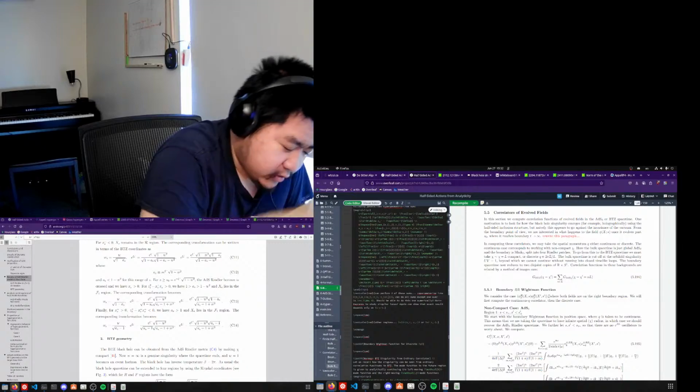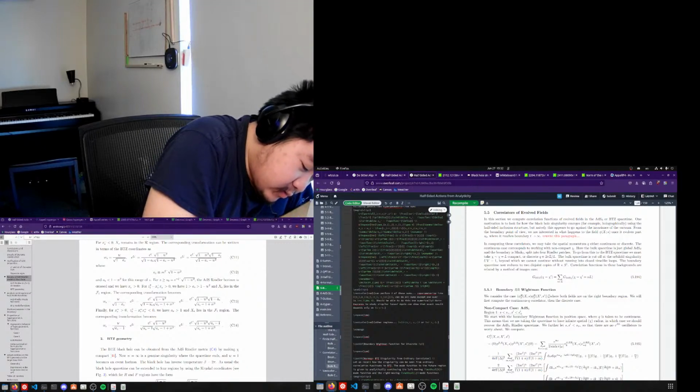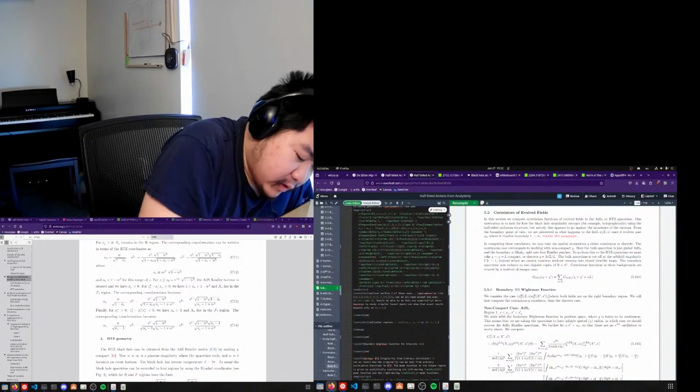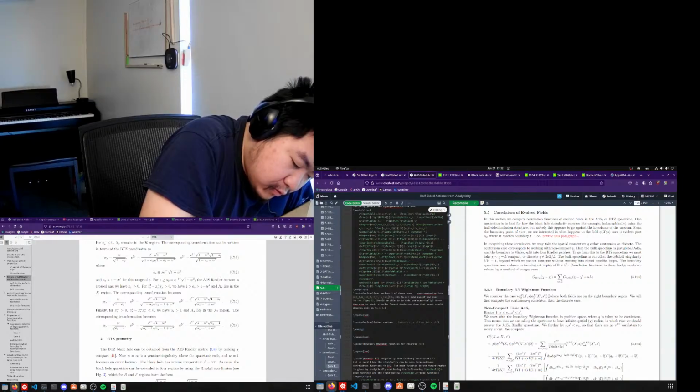So I should be able to connect the big picture. So I want to connect this discussion with the local omega over Q fixed vector fields.